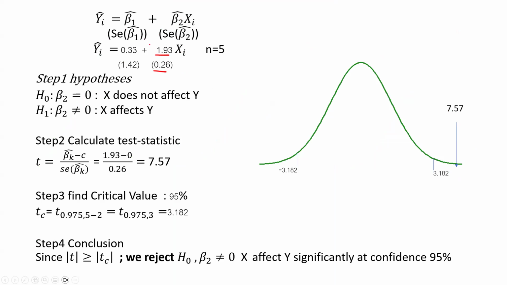And we would like to test whether we can trust this number or not. If X does not affect Y, it means the real value of this beta is 0. If it's 0, X multiplied by 0 equals 0.